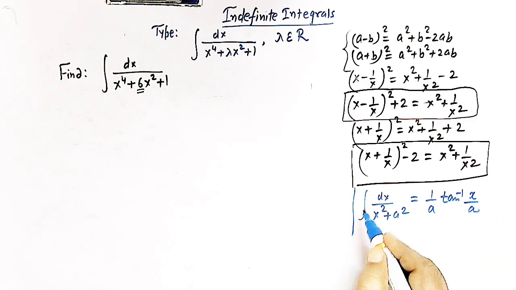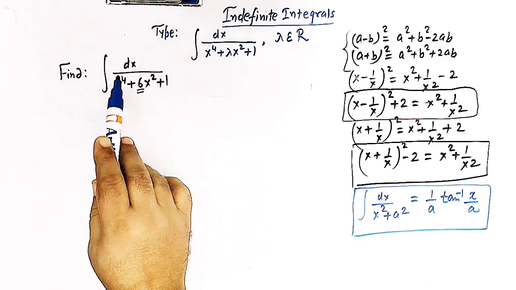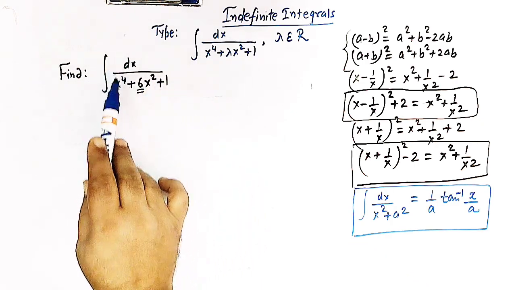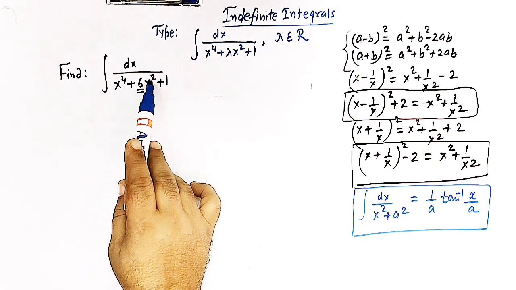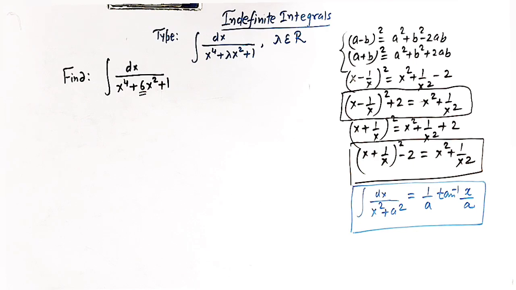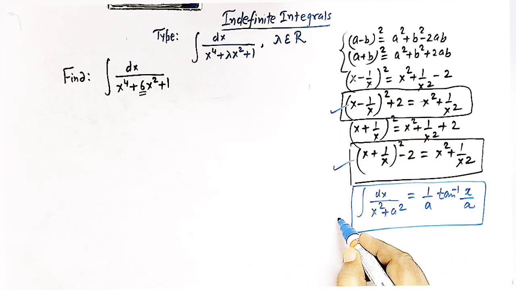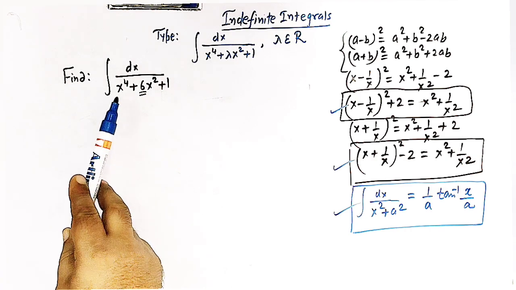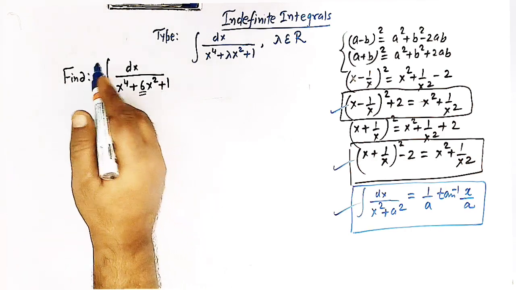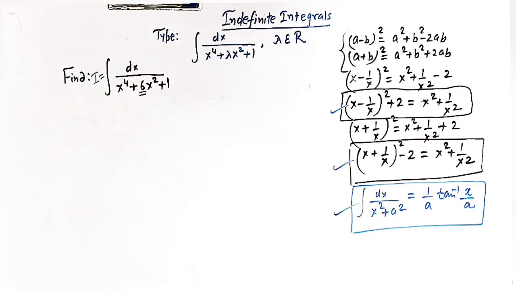So this integral is going to be very significant when we integrate this function, that is 1 over x raised to 4 plus 6x square plus 1. So to summarize here, these three important results are going to be used in solving this integral. So let us take this integral as I.